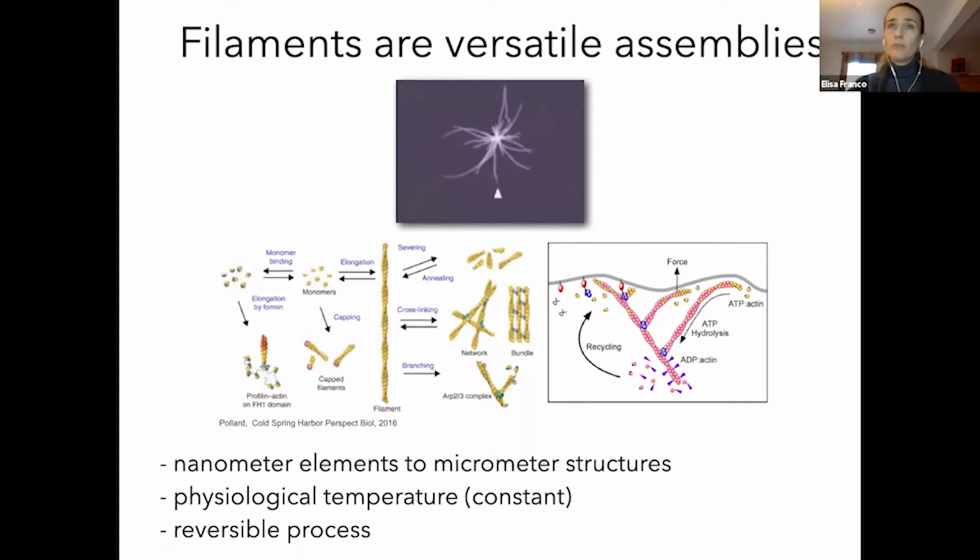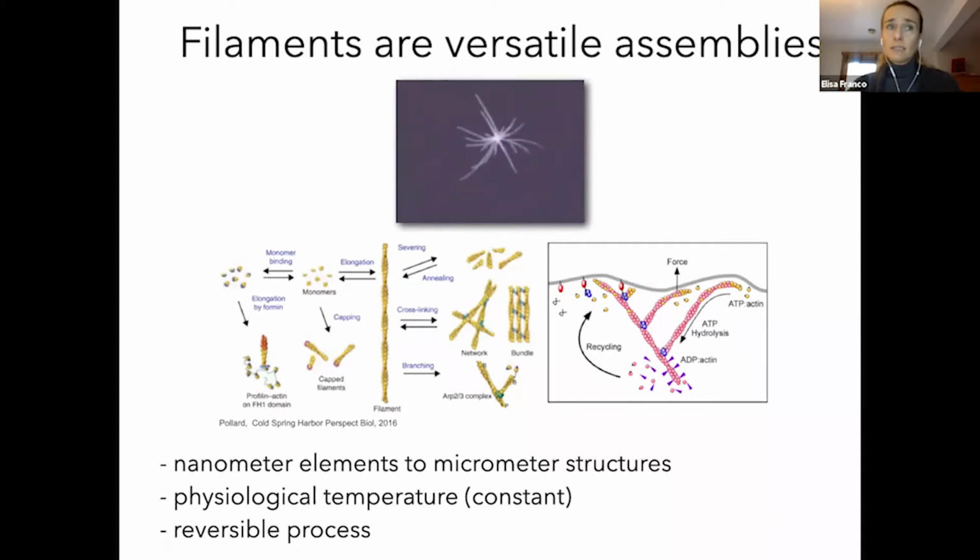Okay, so you start from a filament, but by changing how the monomers nucleate, how fast they polymerize and depolymerize, and with a few organizers that either cap or interconnect the filaments, you can get filaments of different sizes, bundles, networks, meshes, and that's how the cell accomplishes all its spatial organization.